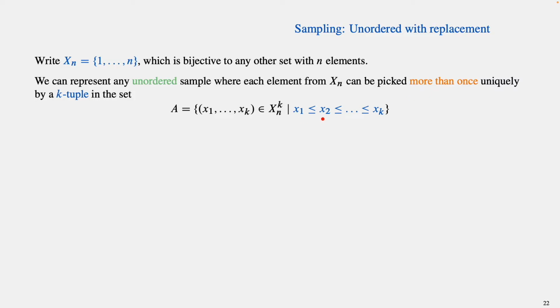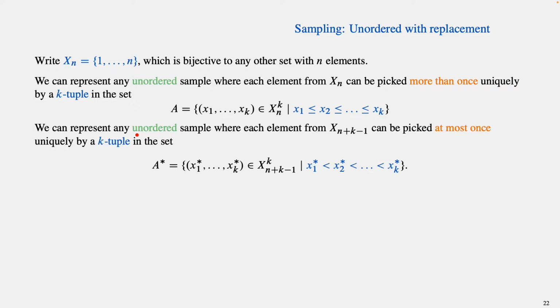So it could appear that x_1 is equal to x_2 because I picked it twice, and so on. Okay, and since I can represent every unordered sample with repeated picking of elements by such an object, the number of elements in A will be the number we're looking for, the number of unordered samples where I can pick more than once.